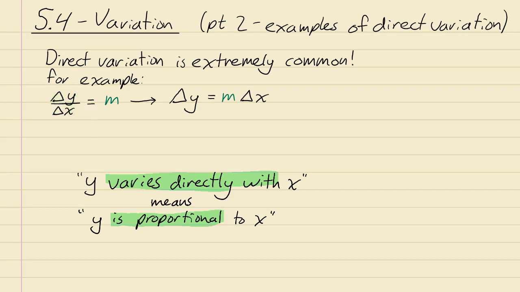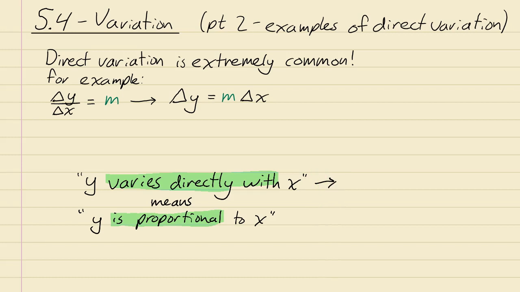If you're talking about a line, we know that one property of lines is that the slope is always the same between any 2 points. So in other words, the change in y divided by the change in x always gives you the same number. And if you just multiply both sides of this equation by delta x to move it over, you could write it like this, which is the definition we had before of direct variation.